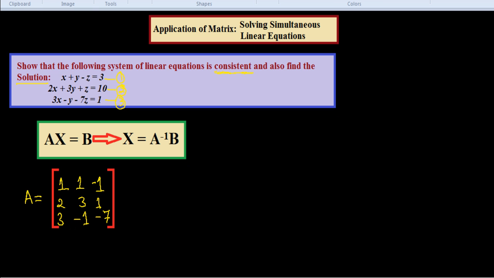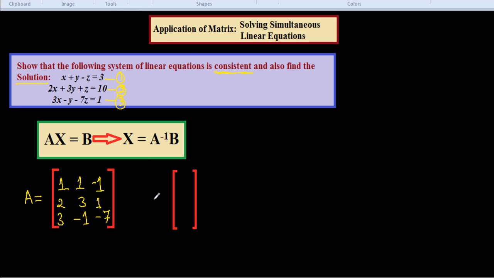Now, what is matrix B? First, let us see what matrix X is.